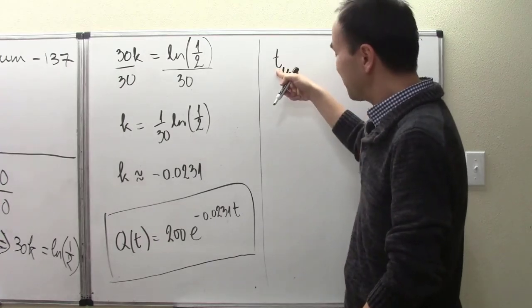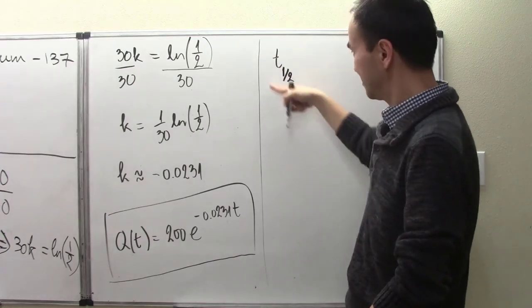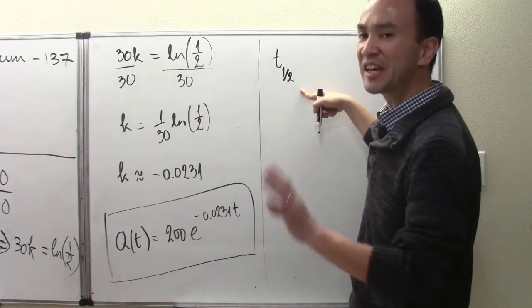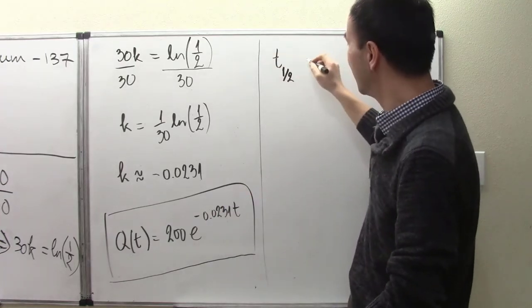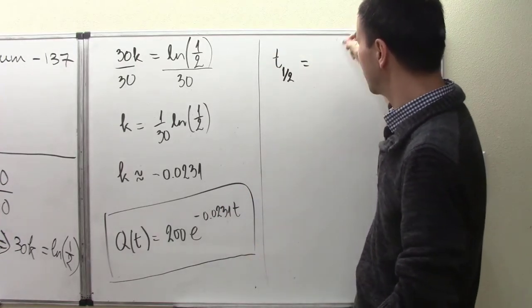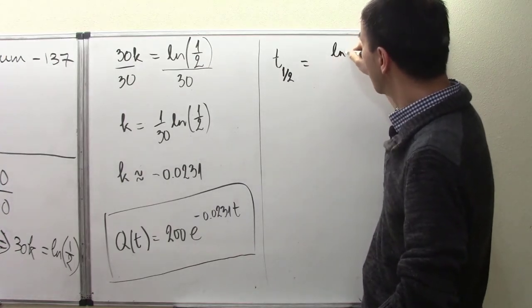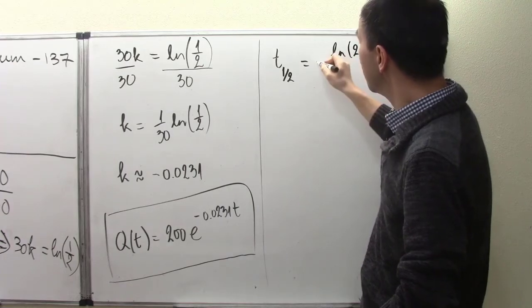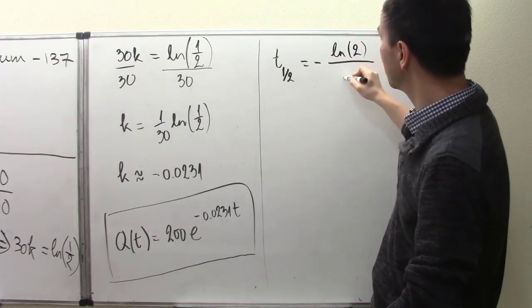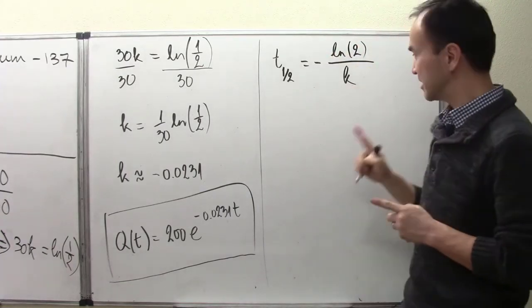So the half-life, the amount of time it takes the population to decay to half, is t 1/2. In quite a few textbooks out there, you may see the following formula included: t 1/2 equals negative natural log of 2 divided by k, that is, minus natural log of 2 over k.